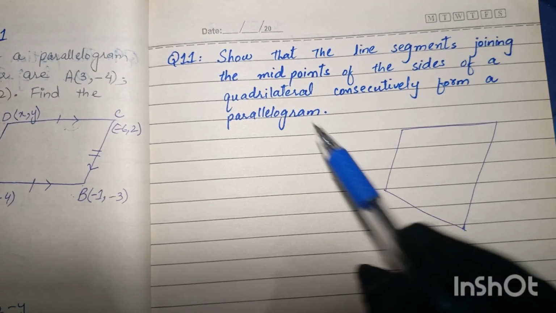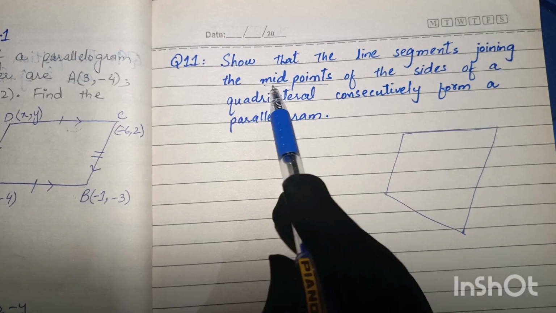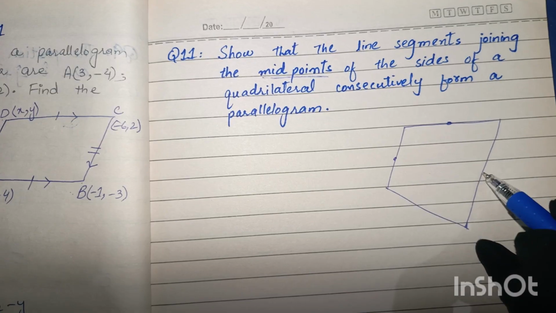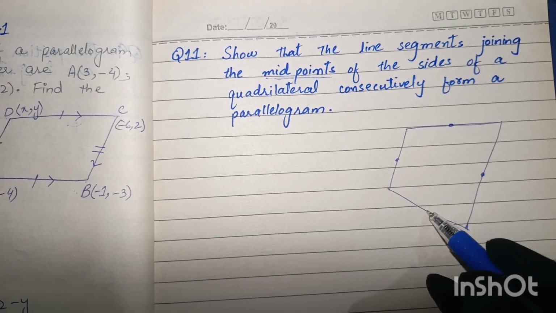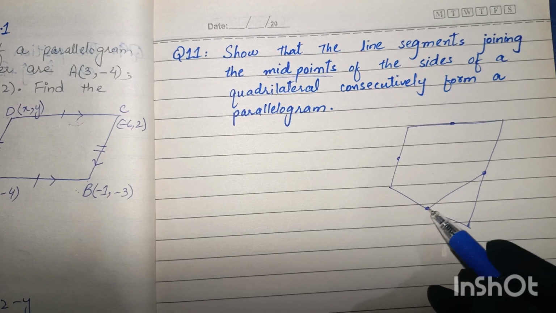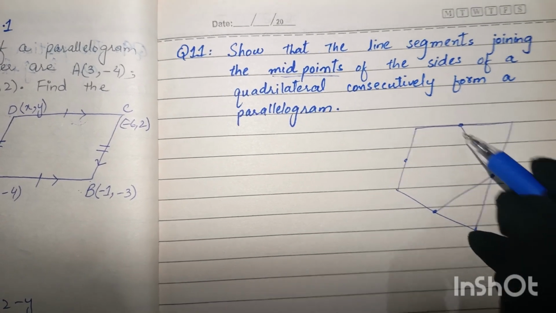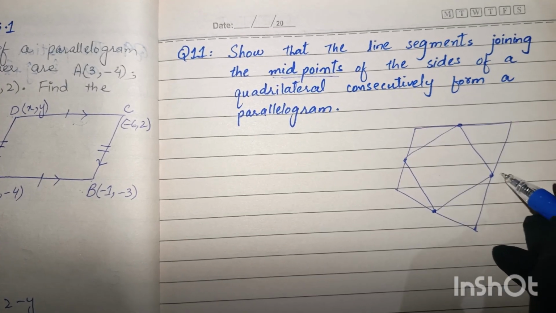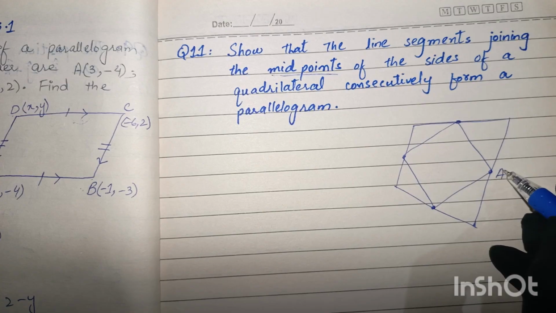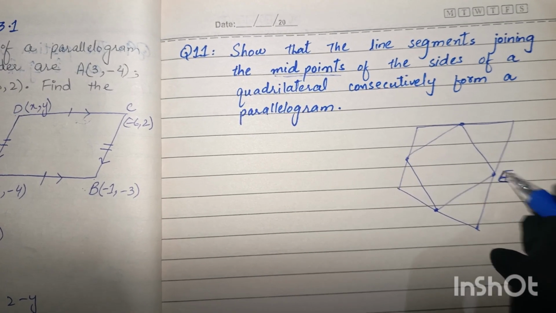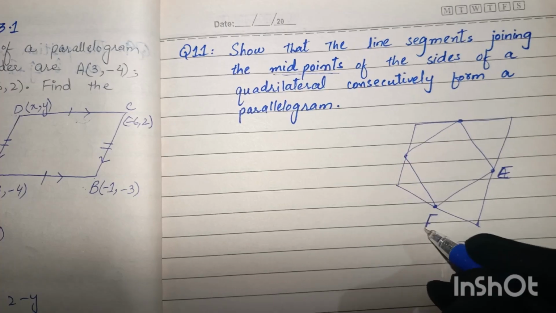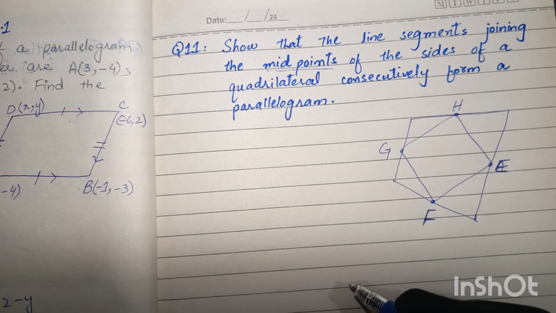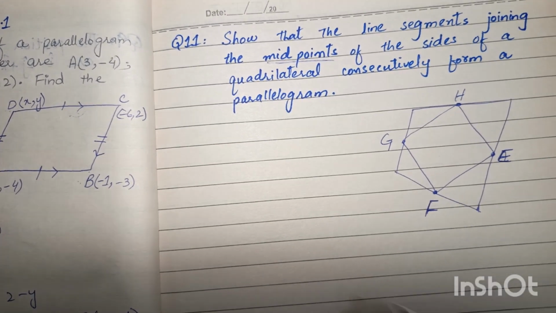So if we take the midpoints of its four sides and join them consecutively, we have to mention their names as E, F, G, H, in proper order, just like in the previous question we have done.